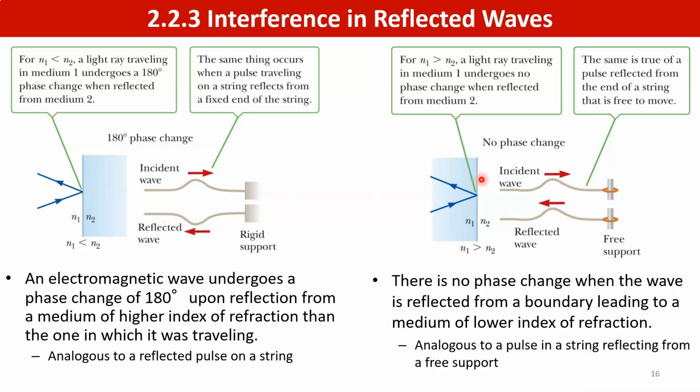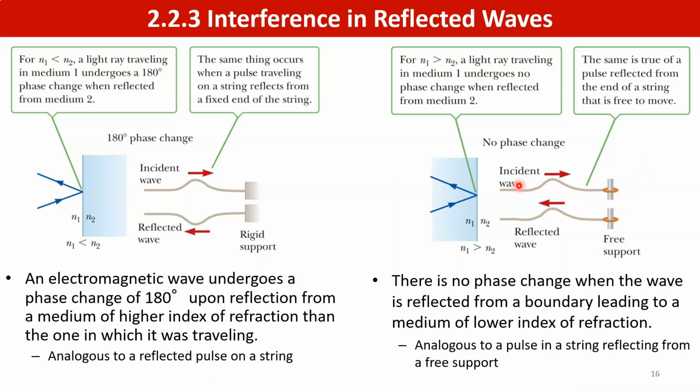And if n1 is greater than n2, a light ray traveling in medium 1 undergoes no phase change when reflected from medium 2. The same is true of a pulse reflected from the end of a string that is free to move.